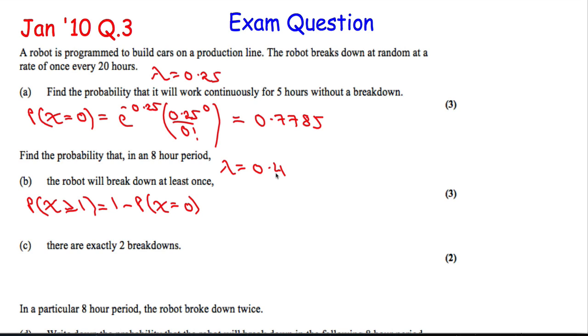Okay, very important here. Remember, lambda has changed. So when we plug that into our formula, we should be doing 1 minus e to the minus 0.4 times by 0.4 to the power of 0 over 0 factorial.